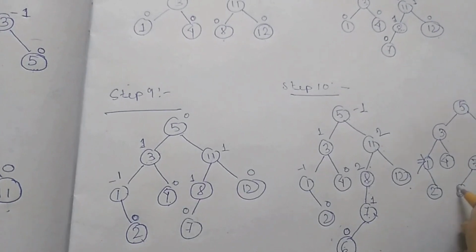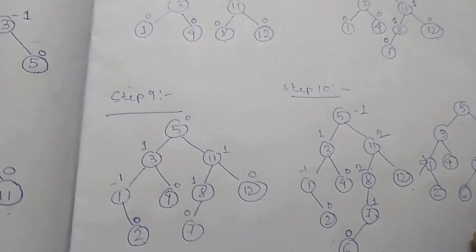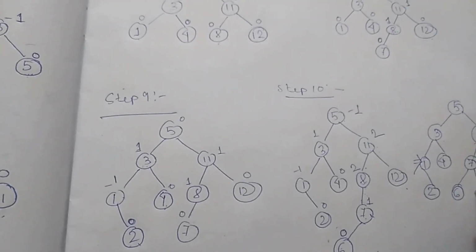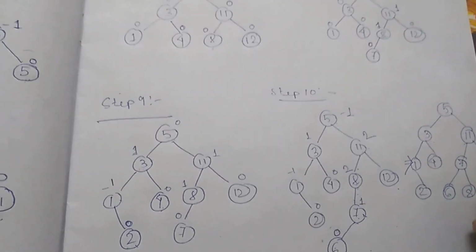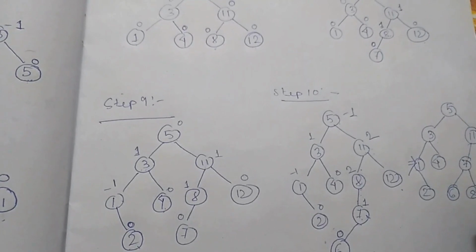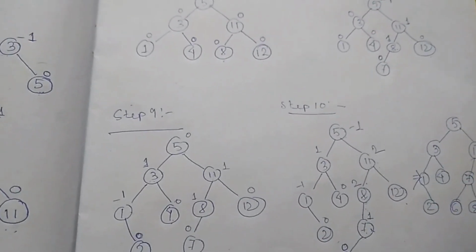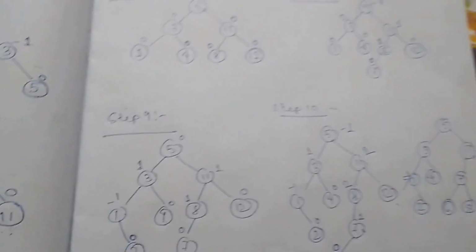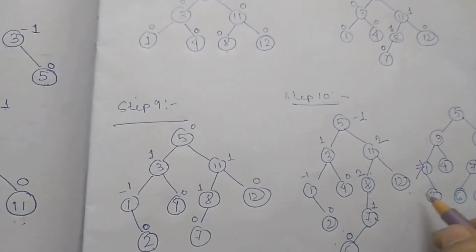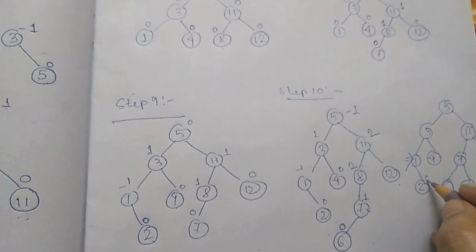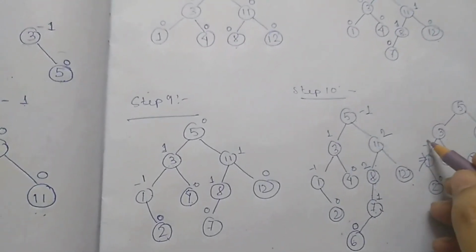For that reason, on the left hand side, here we draw the 6, and on the right hand side, here we draw the value 12. Okay. So there is no change in the left subtree. For that reason, here the value remains the same.